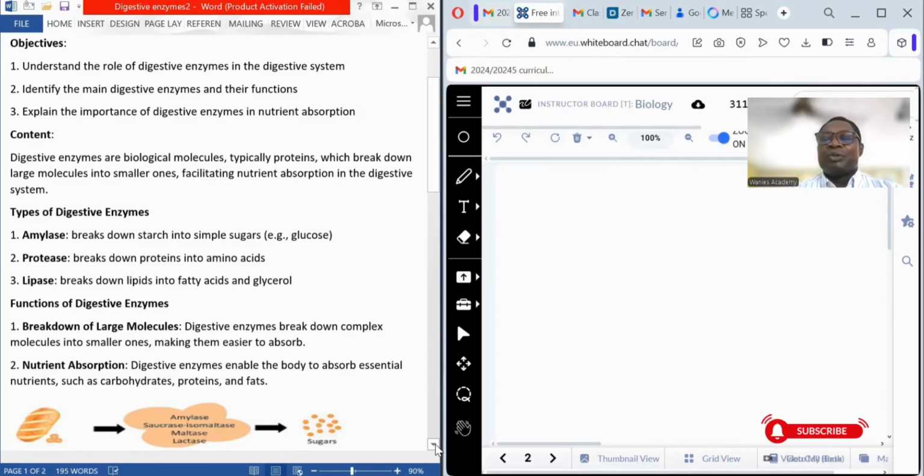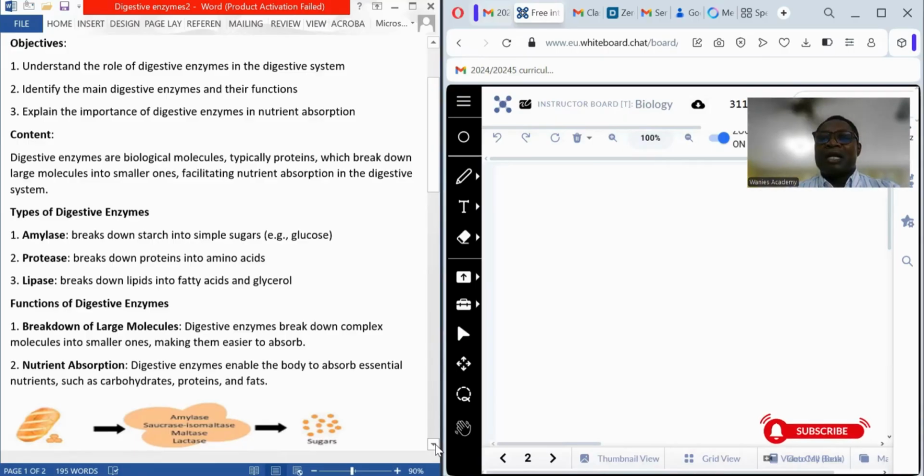Lipase is another important digestive enzyme which acts on lipids or fats. Lipids or fats are the most cumbersome. They are the biggest food molecule, and such lipids have to be broken down into simpler forms which the body can absorb. The process of breaking down these lipids into simpler form is known as emulsification.